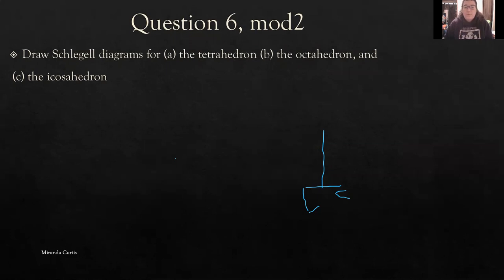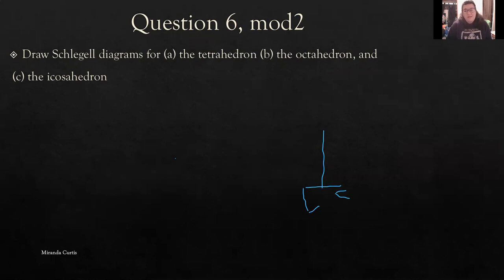Okay, so remember what we said about a tetrahedron. It has 4 triangular plane faces. Then we have an octahedron, a 3-dimensional shape that has 8 plane faces, 8 equal triangular faces.